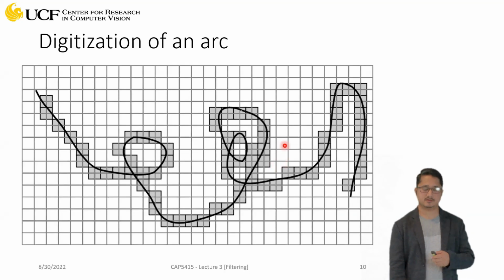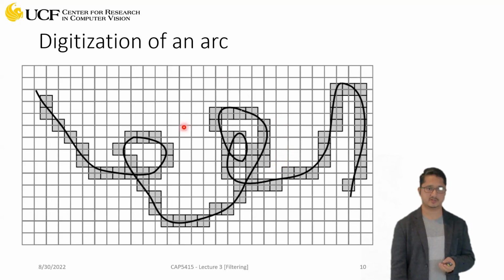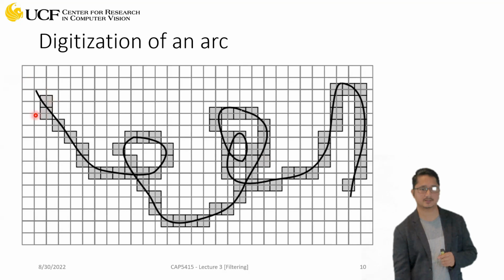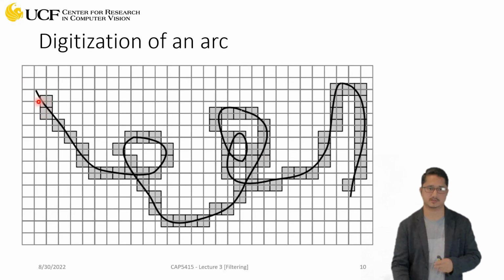Now let's try to understand both the steps using digitization of this arc over here. So let's say we have this arc in this 2D space. Now this actual arc is very continuous, right? So what we do is we create this kind of grid where we have these steps in the x-axis and, let's say, in the y-axis, and we can only have values at these cells, at the center, wherever these axes are crossing.